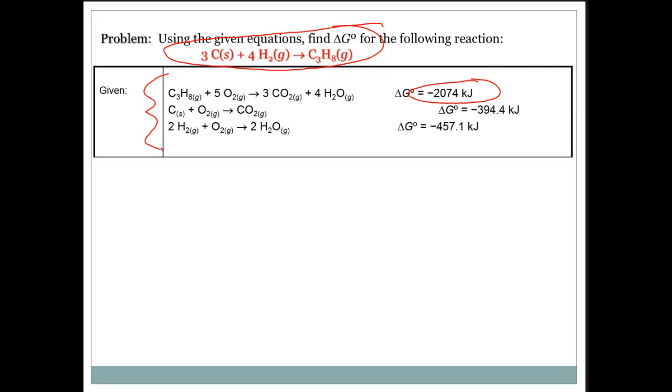So, for instance, C3H8, that's on the left-hand side here. And our goal is on the right. So we're going to flip around this equation. As a response to flipping it around, I have to change that negative value here to a positive.